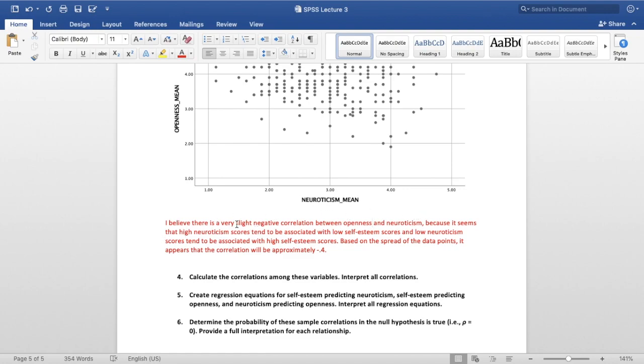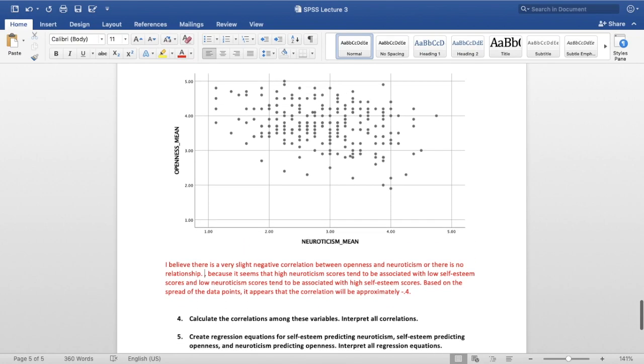In my notes I say I believe there's a very slight negative correlation between openness and neuroticism, or there is no relationship. Okay, so you could totally see that potentially there's no relationship. And in fact, when I first saw it, that was my comment.